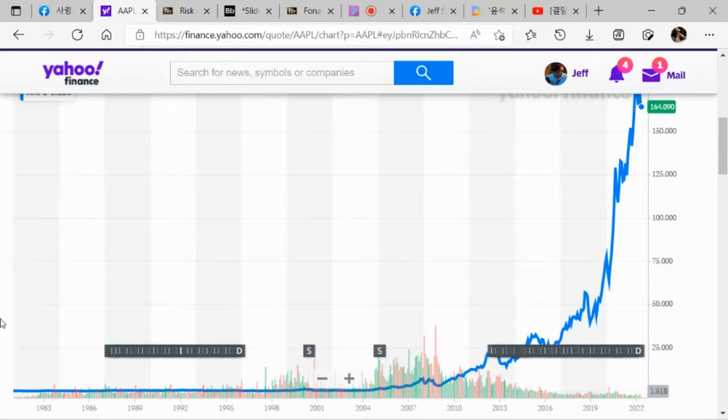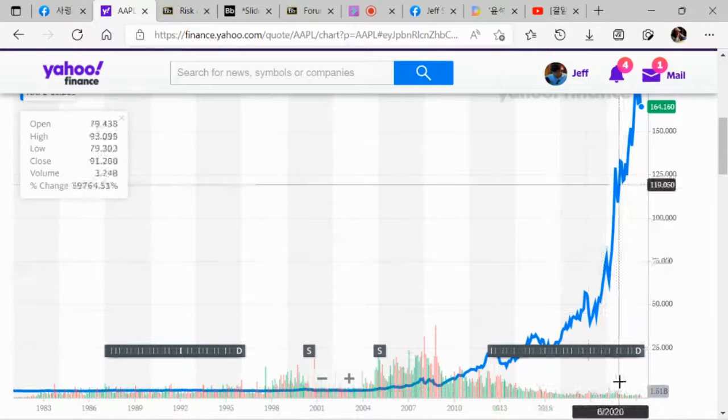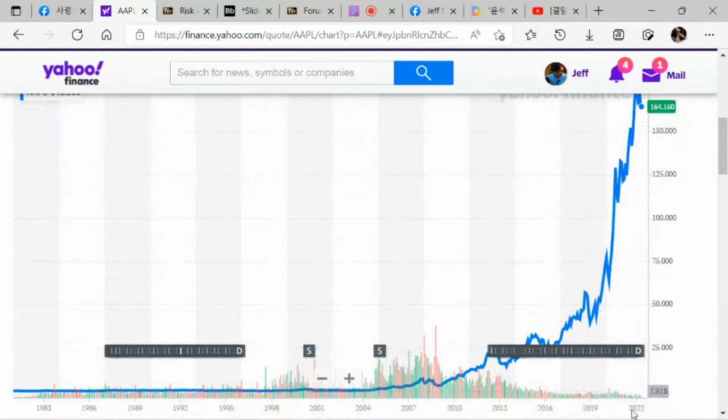Why is it saying 12 cents? It's because of all those splits over the last 40 years. Apple had several splits, right? So after a split, they have to adjust the pre-split price to be in line with the post-split price.